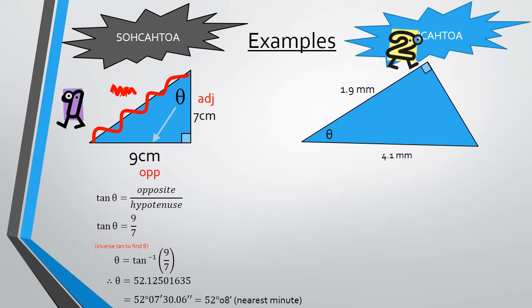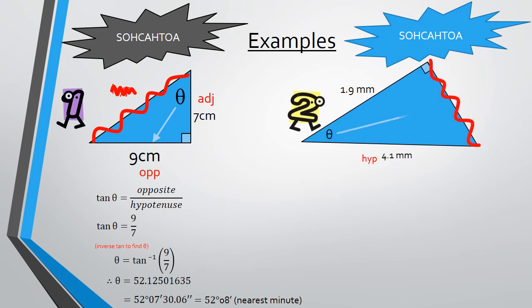Example 2. Same thing. Figure out which ratio we're using by examining our sides. In this case, it's adjacent and hypotenuse, which is cos. And filling in our missing information, we have cos theta equals 1.9 over 4.1.